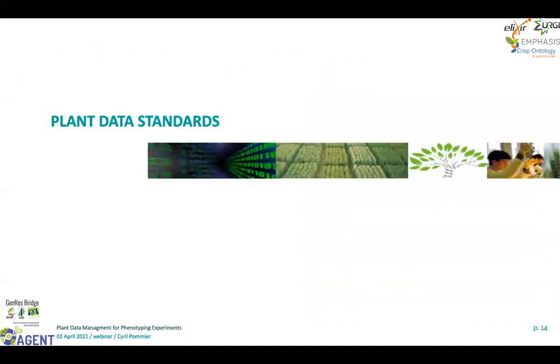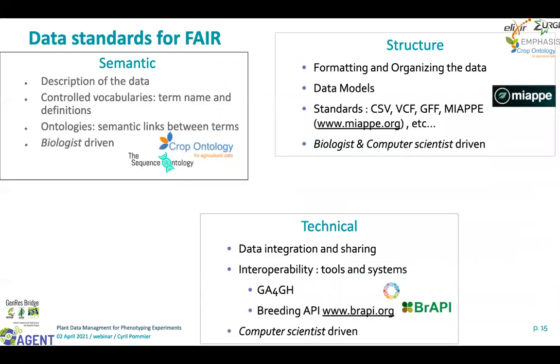So now, this is the history. What are the data standards? There are three categories of data standards. The first one is about semantics. It's about describing your data. It's about building controlled vocabularies, lists of terms with their names and their definitions, plus possibly semantic links between those terms.